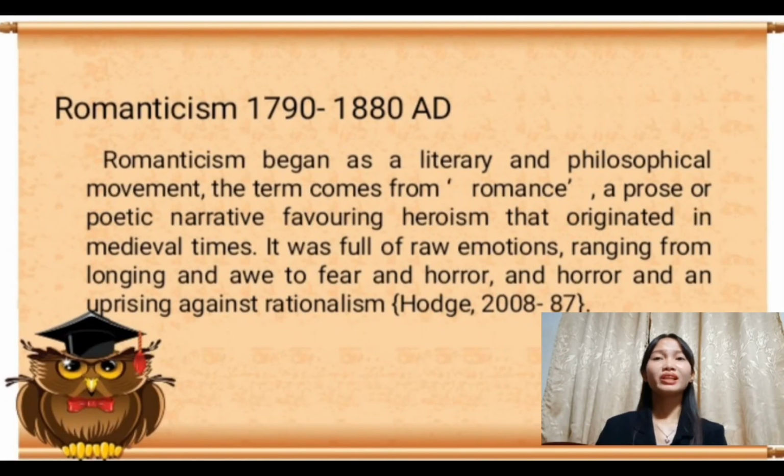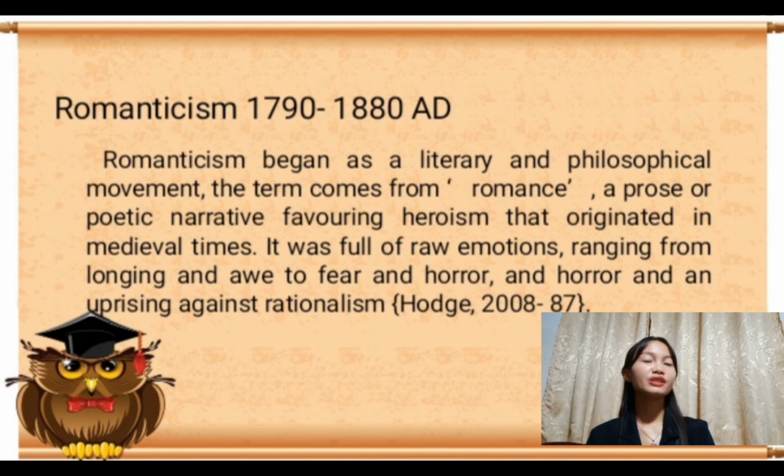Lastly, we have Romanticism. Romanticism began as a literary and philosophical movement, as the term comes from romance, a prose or poetic narrative favoring heroism that originated in medieval times. It was full of raw emotions, ranging from longing to fear and horror, rising against rationalism.